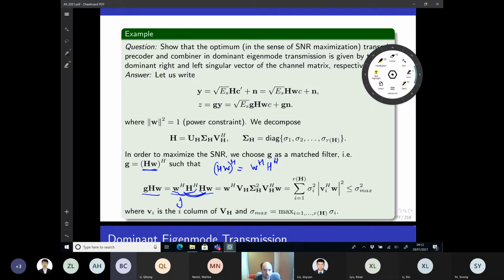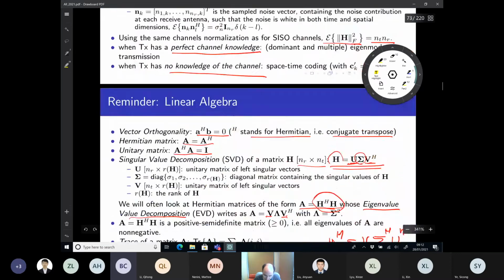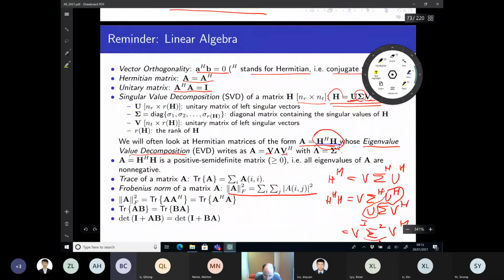This is actually a Hermitian matrix, and I can do an eigenvalue decomposition of this. If you have a Hermitian matrix and you do an eigenvalue decomposition, remember what we had in the last lecture. I'm going to have right eigenvectors, left eigenvectors, and a matrix of eigenvalues, right?